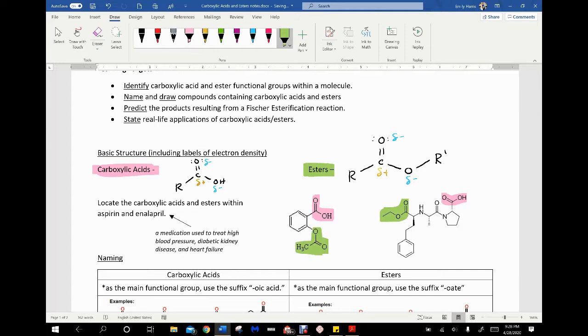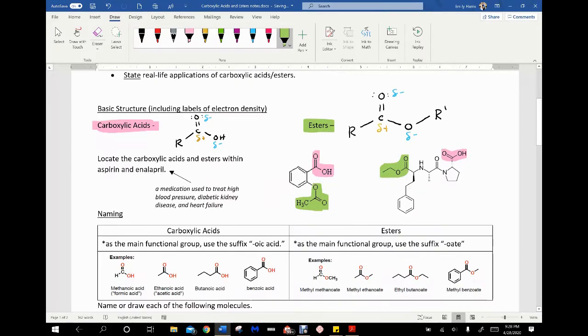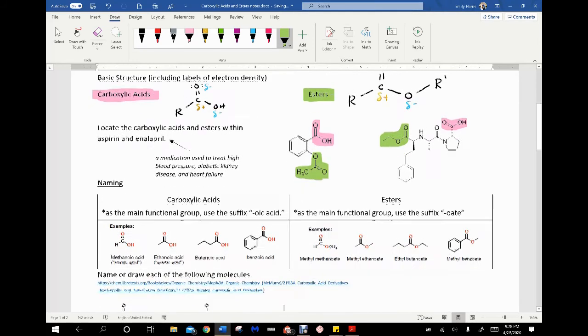Okay. And so again, the functional groups are called functional because they're going to give these specific molecules some different roles or different functions. All right. So let's see if we can figure out how to name these guys right quick.